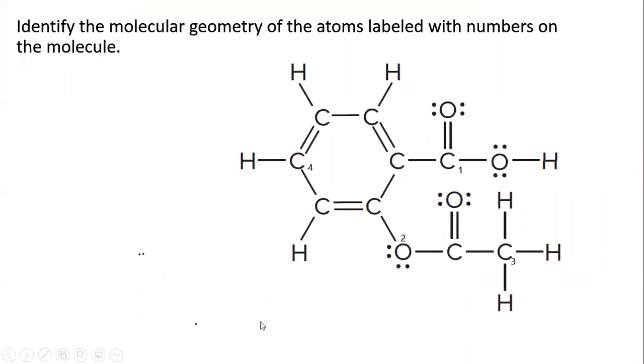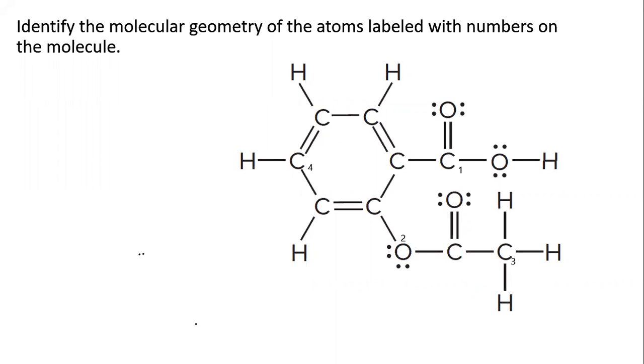And lastly, we just want to show you what happens when we have a molecule with multiple central atoms. How do we determine the molecular geometry of those atoms? And by the way, with organic compounds like this, where you have lots of carbon and hydrogen, you're only going to go up to tetrahedral electron geometry.